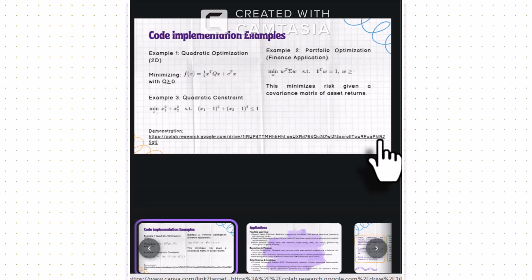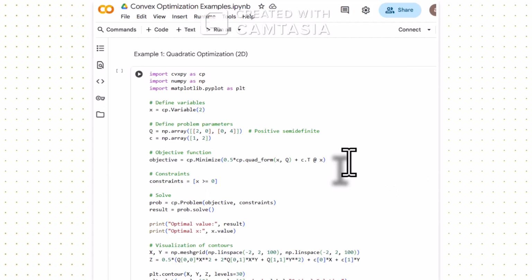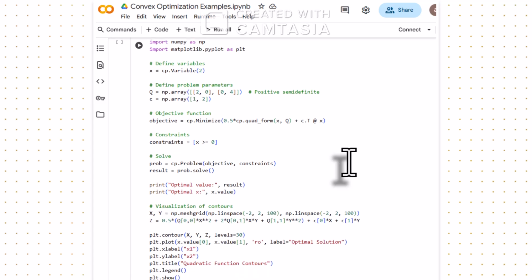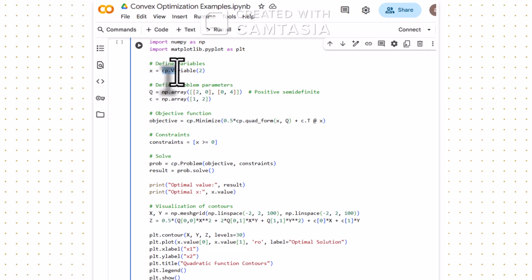So here are some code implementation examples. Three examples have been used. The first example is quadratic optimization in 2D. What the code does is, first, it defines variables. x is a vector with two unknowns, x1 and x2.